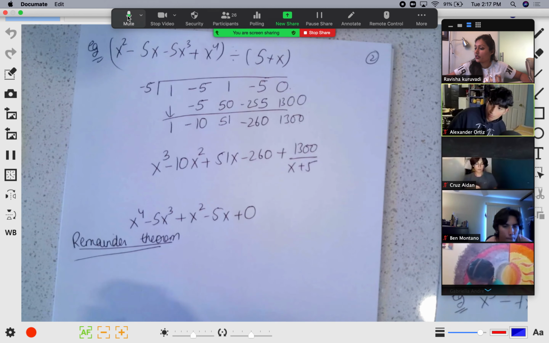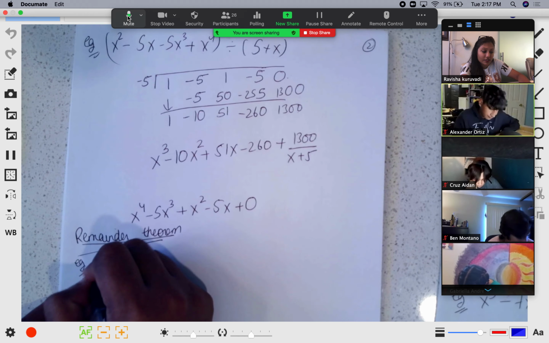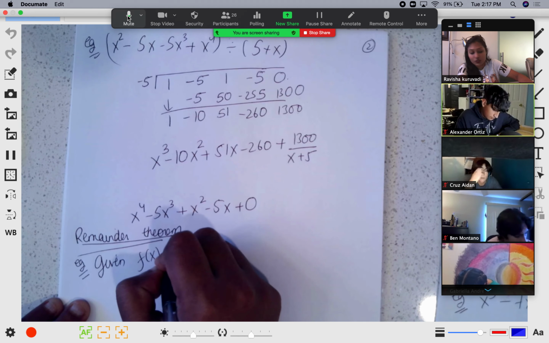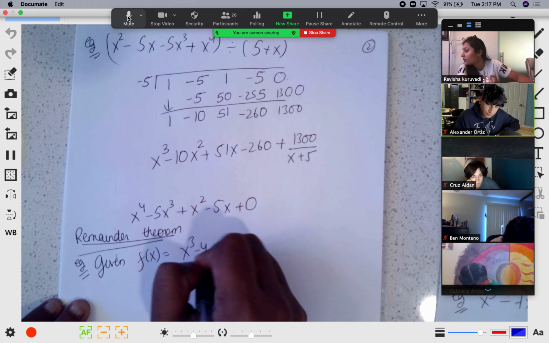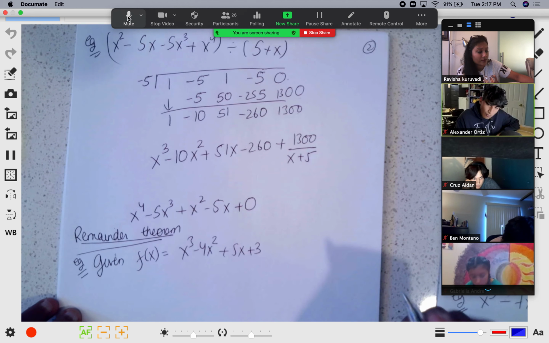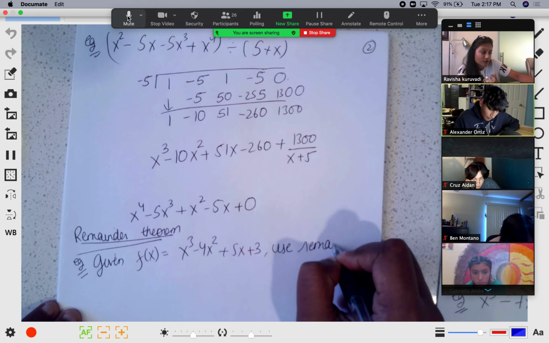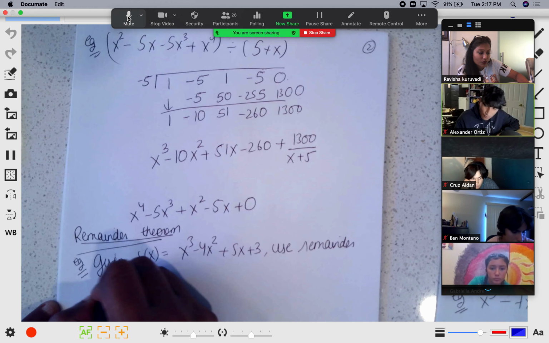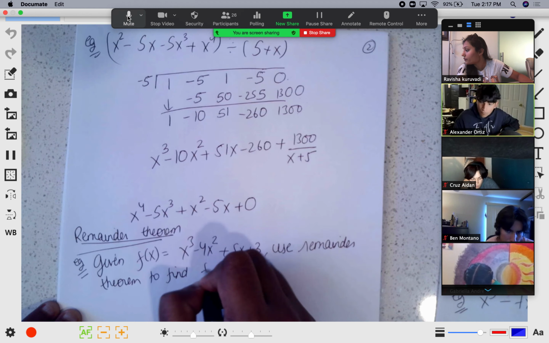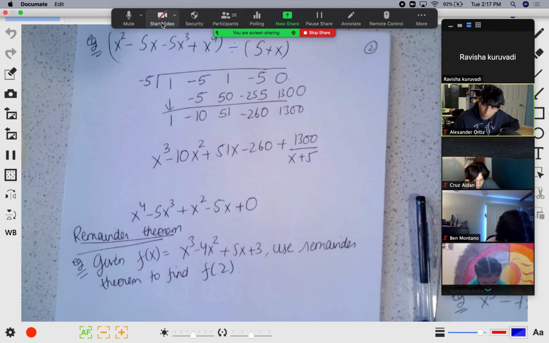Remainder theorem. So what it says, for example, given f(x) is equal to x cube minus 4x square plus 5x plus 3, use remainder theorem to find f of 2.